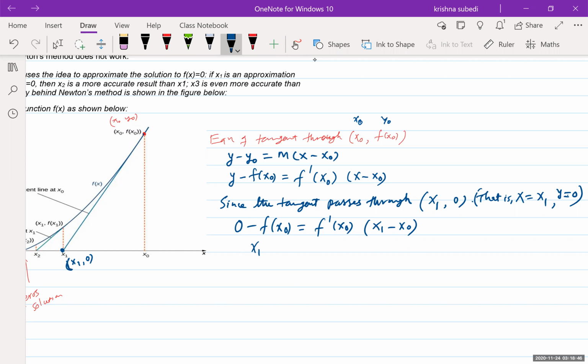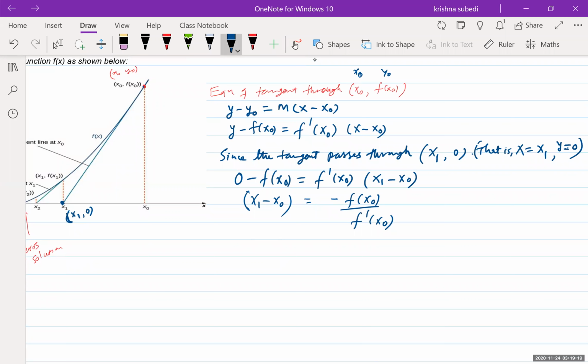So x1 minus x naught equals minus f of x naught over f prime of x naught. Everyone is okay with that? It's a little high school algebra. If I divide both sides by f prime of x naught, that's what I'm gonna get. Okay, simple algebra gives me this.